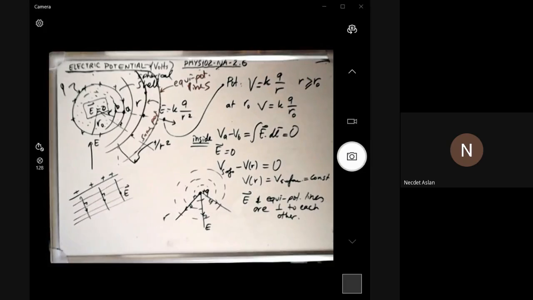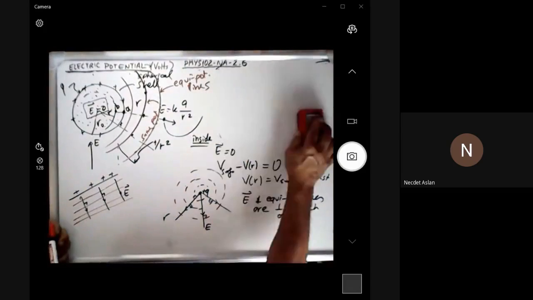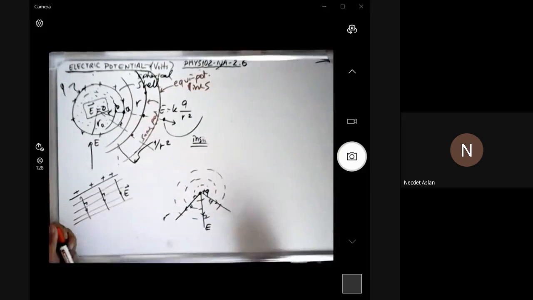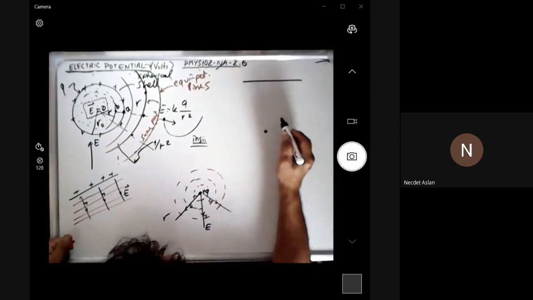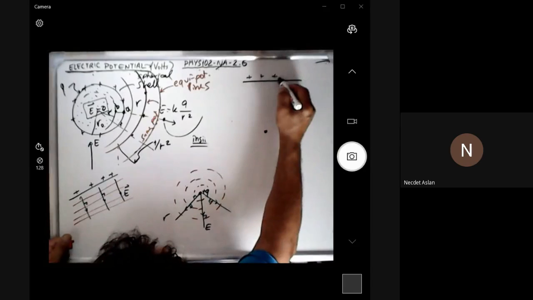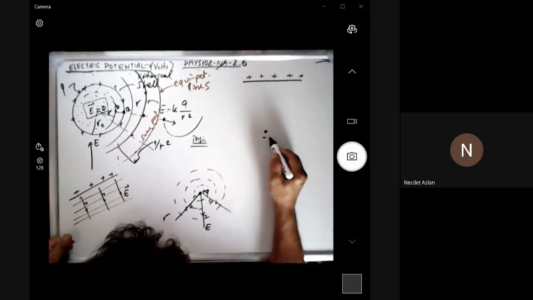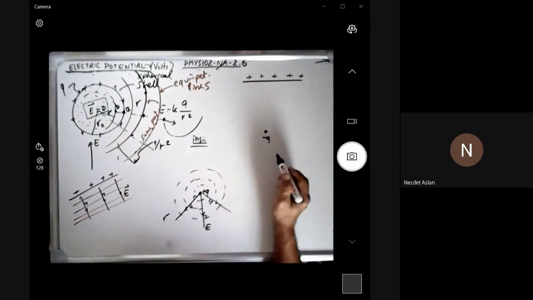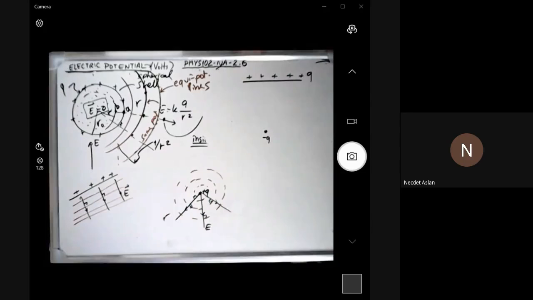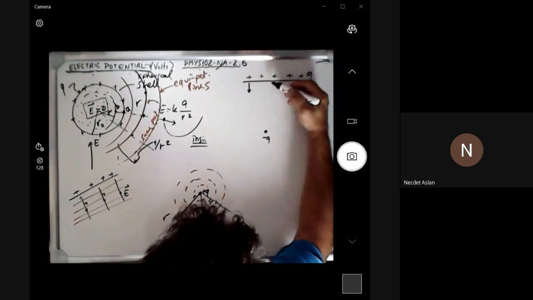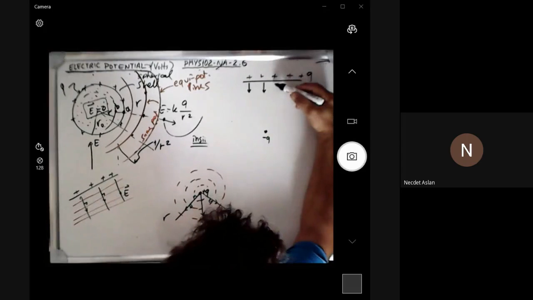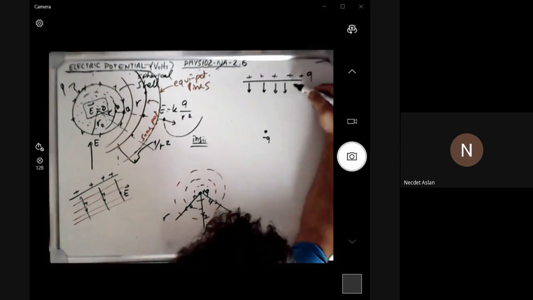Now, suppose that we have a funny looking shape: one flat surface and one point. Say this is plus and this is minus Q, and the total charge is Q. The electric field lines coming just outside the flat charge distribution will go like that.